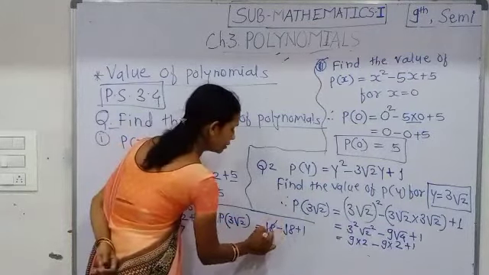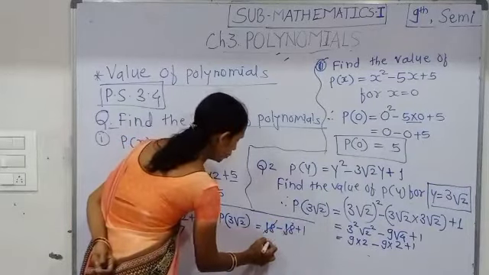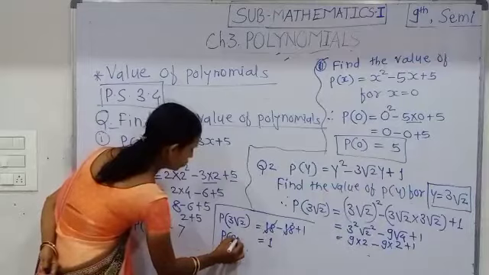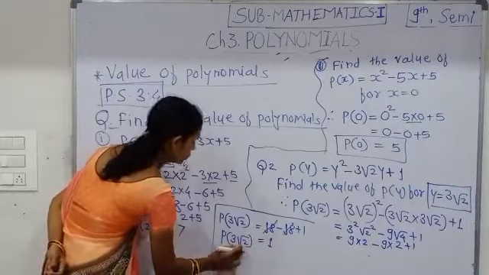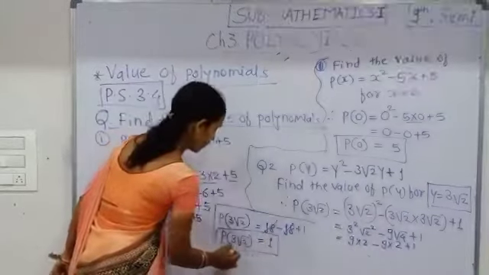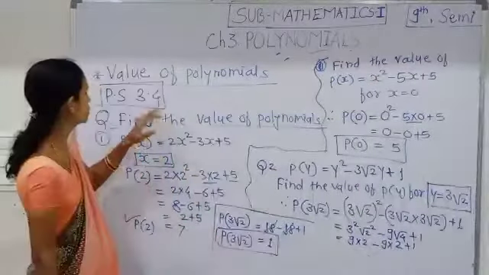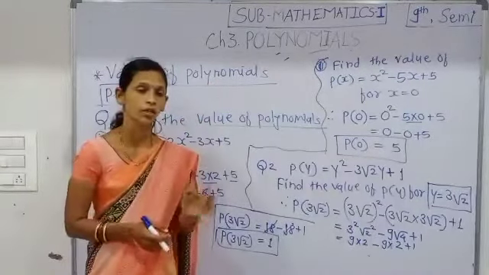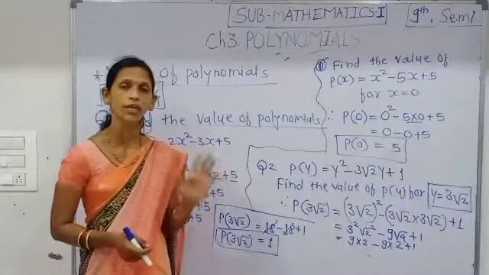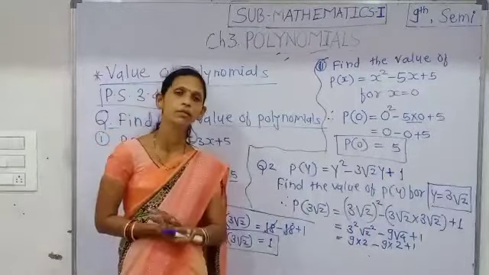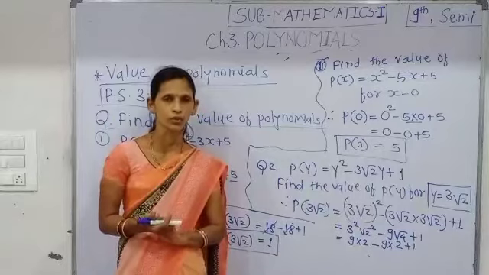18 minus 18 gets cancelled, and here we get the value of this polynomial for y equal to 3 root 2, that is 1. Those are the examples which are based on the value of polynomials. Then you should solve the remaining examples from practice set 3.3 and practice set 3.4.